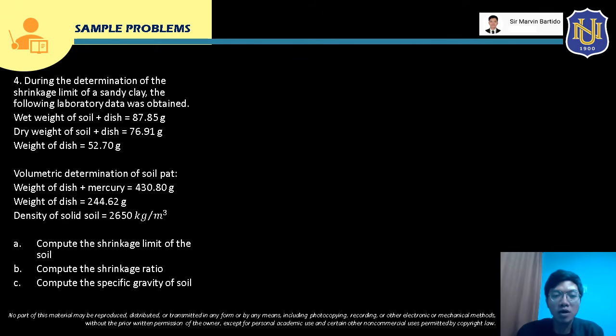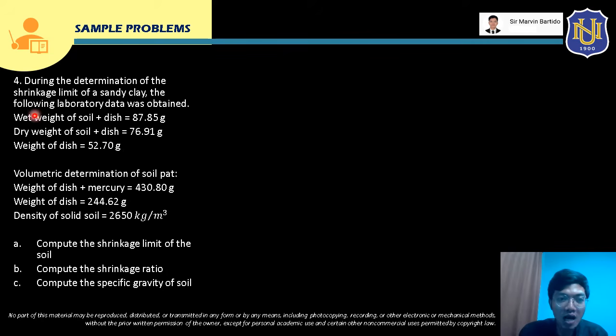Now, for sample problem number 4, during the determination of the shrinkage limit of a sandy clay, the following laboratory data was obtained. So, yung wet weight of soil plus dish is equal to 87.85 grams, dry weight of soil plus dish 76.91 grams, and then weight of dish equal to 52.70 grams.